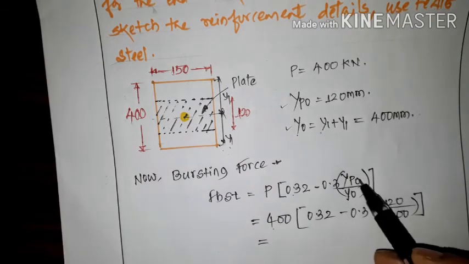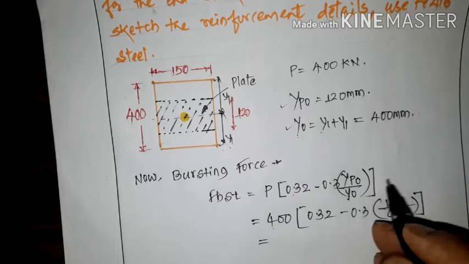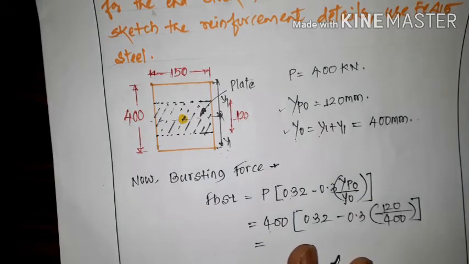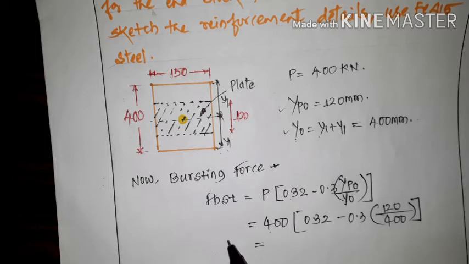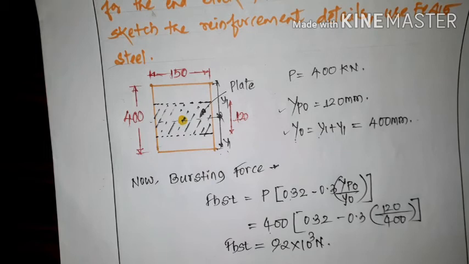After calculation we get FBST as 92 into 10 raised to 3 Newton. So we got FBST.